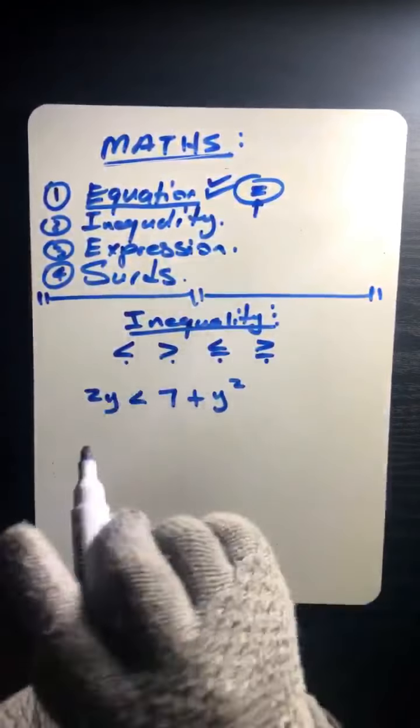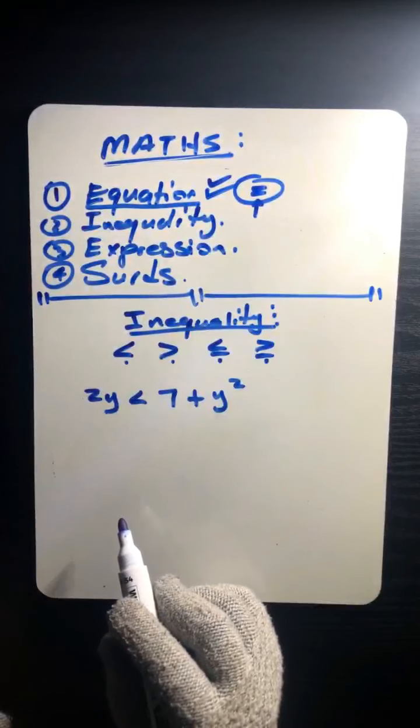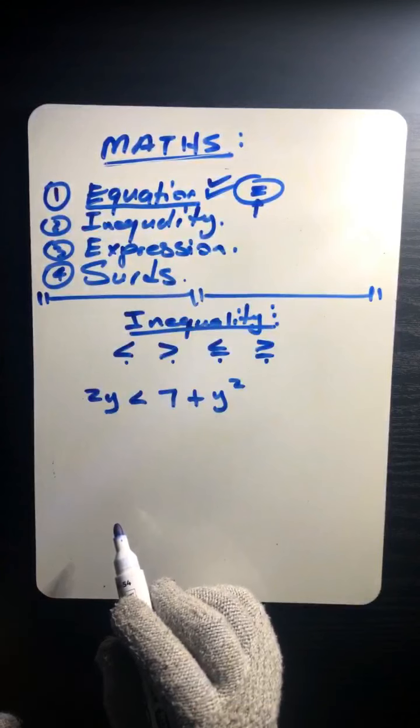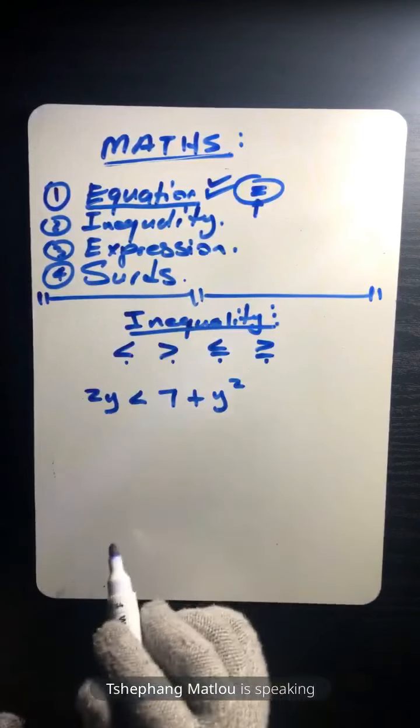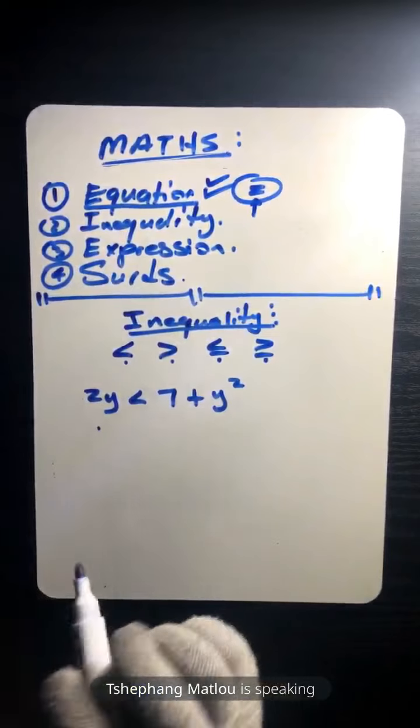But if you transpose, it doesn't change. So I can move the 2y to that side, and the sign carries 0. Is this sign greater or less than?